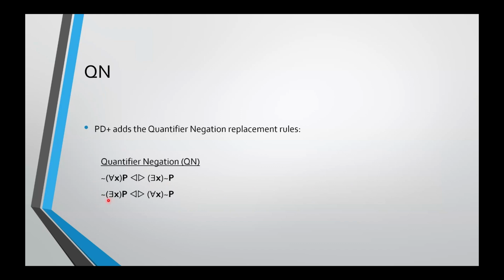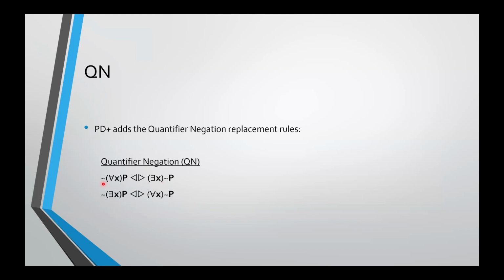And if you have a negated existential, then you can turn it into a universal, and vice versa. Basically, what the rules say is this: you can move a negation sign across a quantifier either right or left. And when you do that, the quantifier changes.